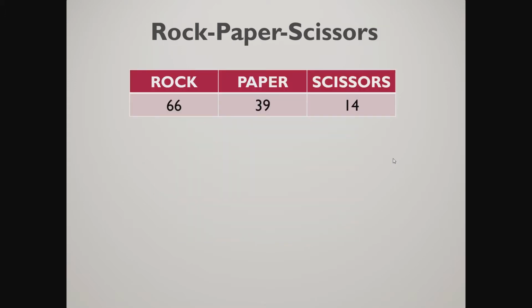So what we could do is play this game, rock, paper, scissors, with somebody and record the number of times that they did rock, paper, and scissors. So today it's all about categories, which has been different than we've been dealing with recently, where we've been using numbers exclusively.